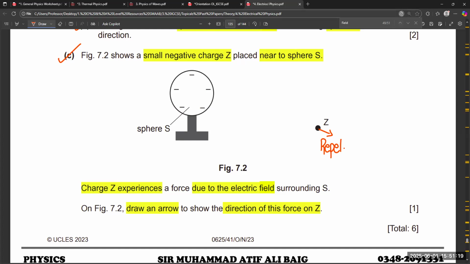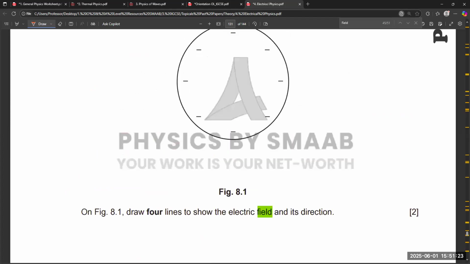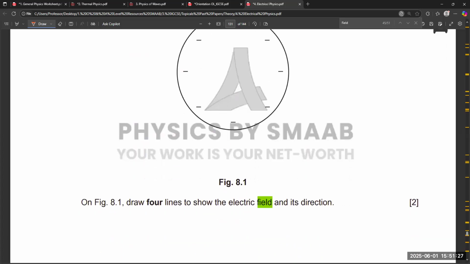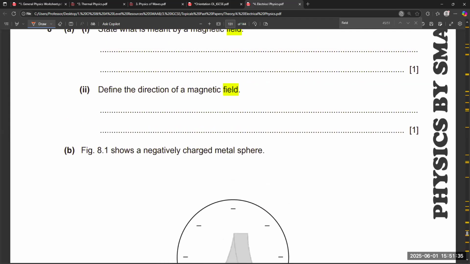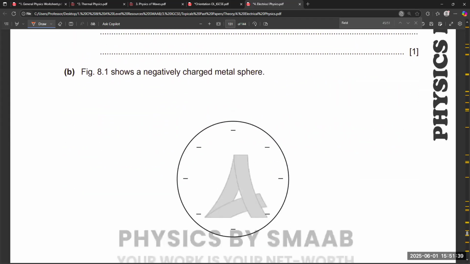In the same way, you will get basic questions from this section also. You can see again we have the same negatively charged sphere given. Now it is mentioned, draw four lines to show the electric field and its direction. So now you have to draw four field lines. They are talking about magnetic field in one part, but in B part, they are talking about electric field.